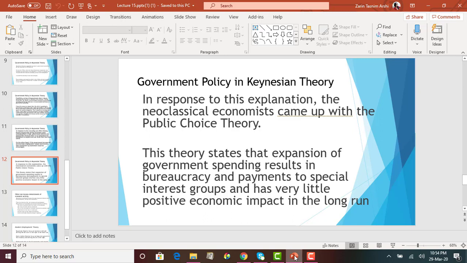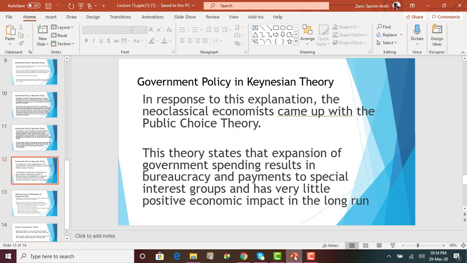The public choice theory states that when government is increasing spending during recession, it is inefficient. It's going through bureaucracy and payments to special interest groups, and ultimately the overall economy does not benefit that much.